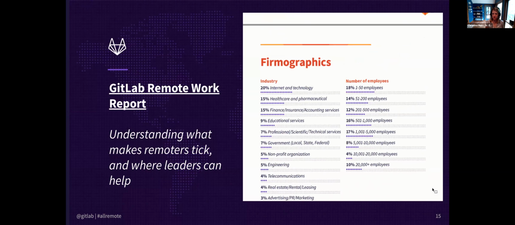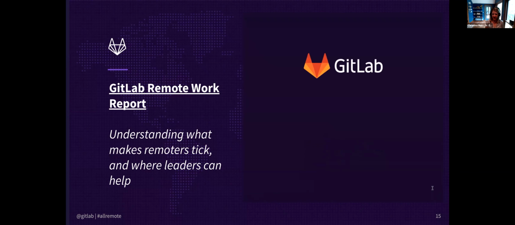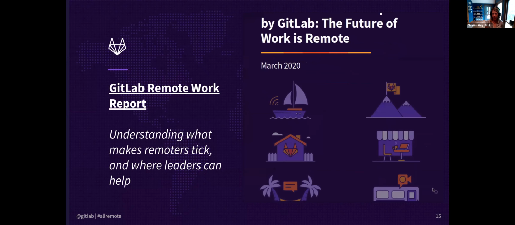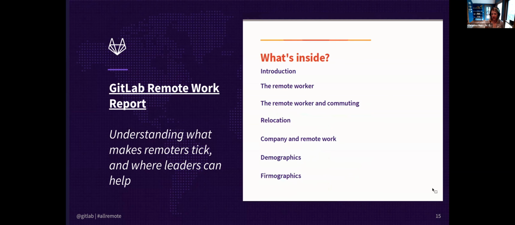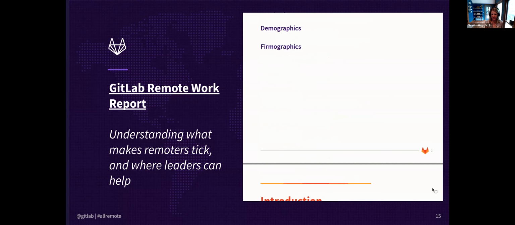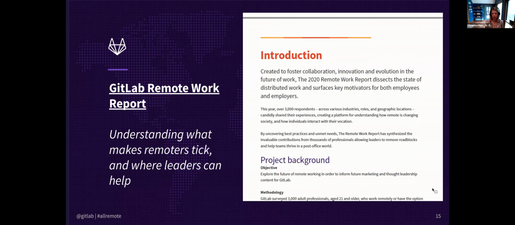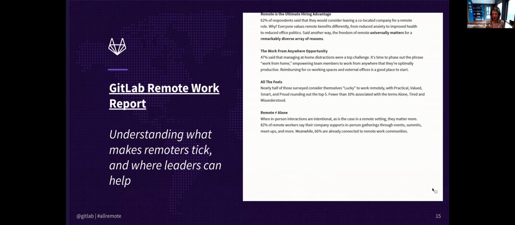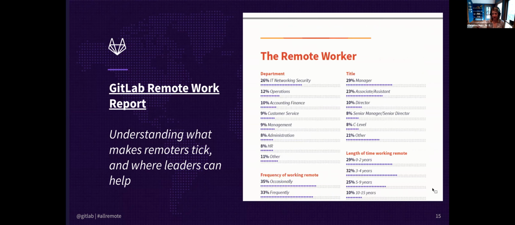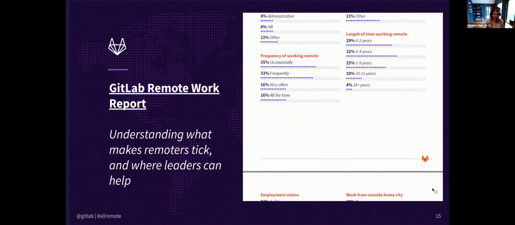We've also done an extensive survey on remote work, and we have a report that helps people understand some of the trends of what the demographics are and what makes remote workers tick and what works really super well. So for example, we're hearing a lot of people say, well, there's Zoom fatigue.